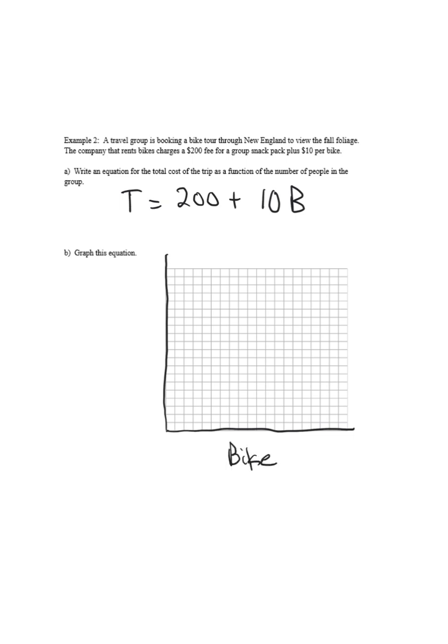So the total cost, we'll say T, is 200 plus 10B, 10 times the number of bikes. All right, so we have a similar situation where we need to draw the graph. We get our axes. It's based on the bikes and the total cost.